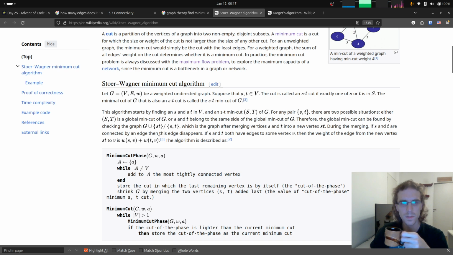Therefore, the global min cut can be found by checking the graph G with S and T merged, after merging the vertices S and T into the new vertex ST. Right, if S and T both have edges to some V, okay, then the weights of the edge from the new vertex ST to V, yeah, okay.